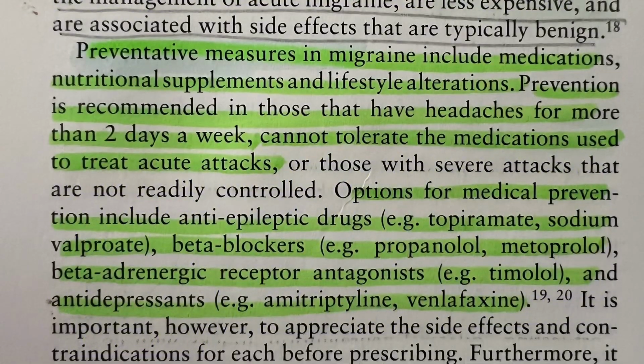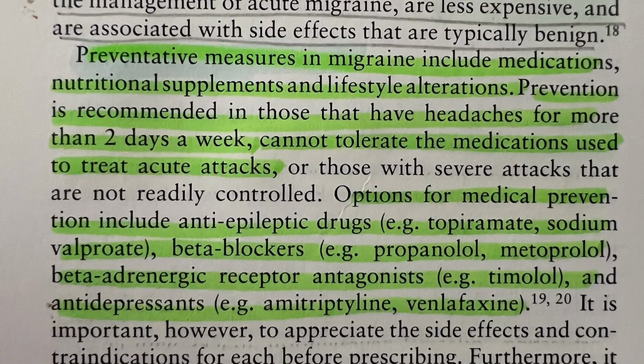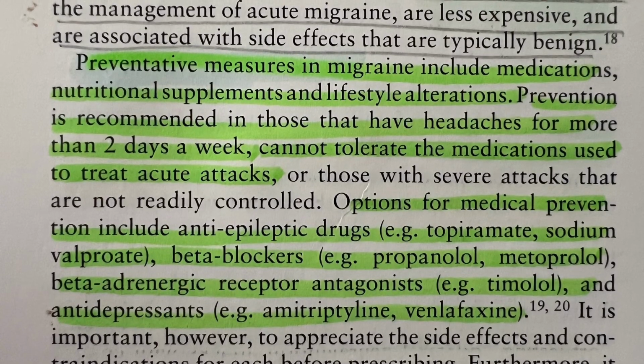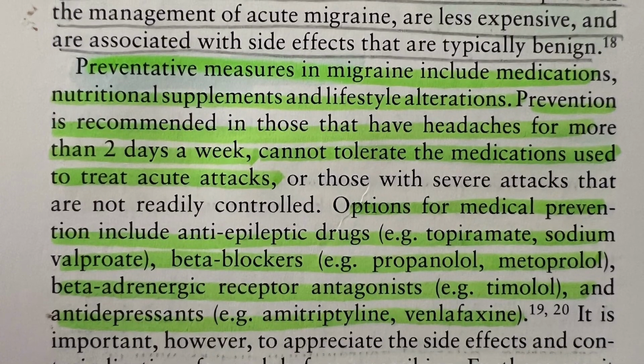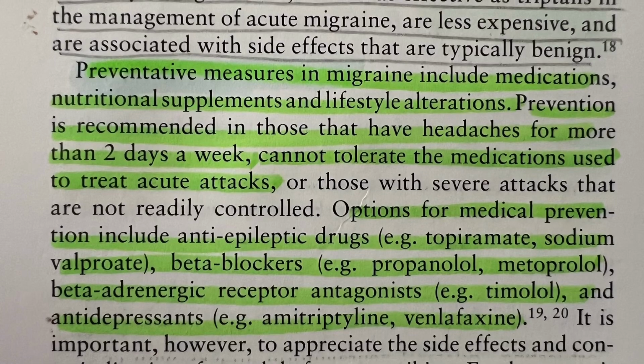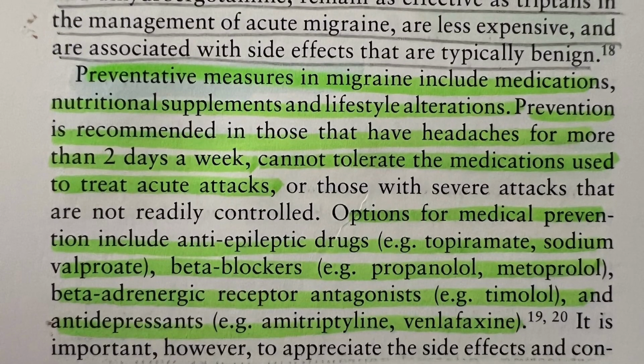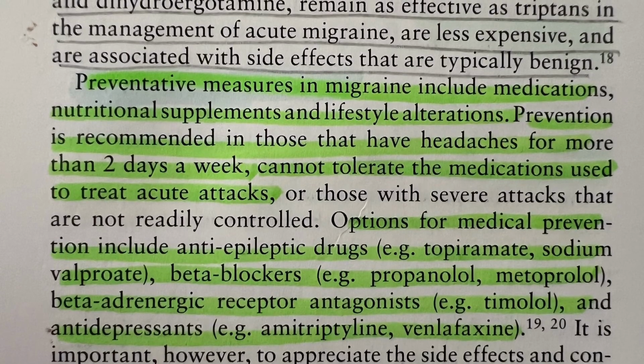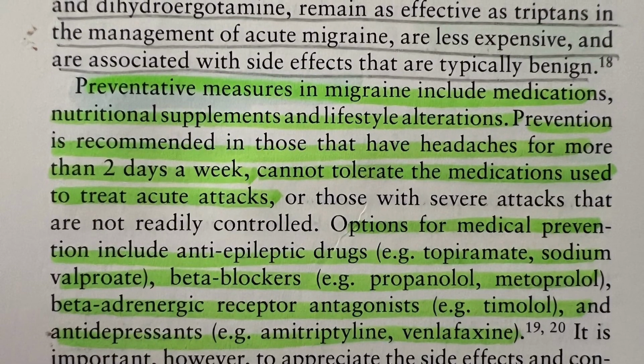Preventive measures in migraine include medications, nutritional supplements, and lifestyle alterations. Prevention is recommended in those cases who have headache more than 2 days in a week, cannot tolerate the medication used to treat acute attacks, and those with severe attacks that are not controlled.